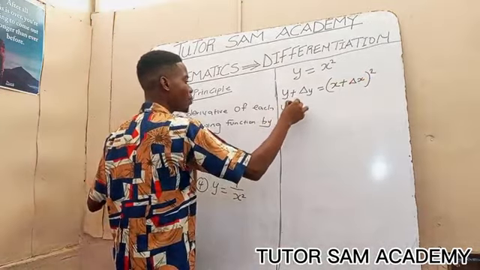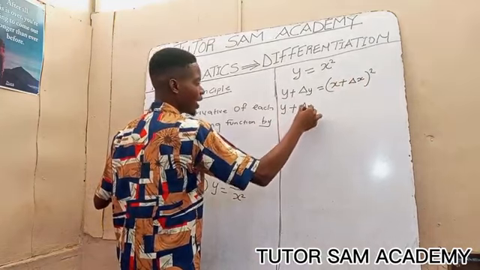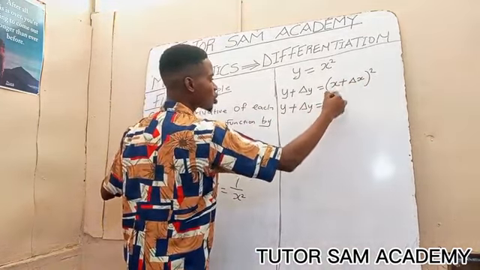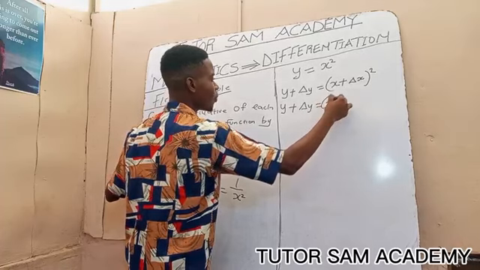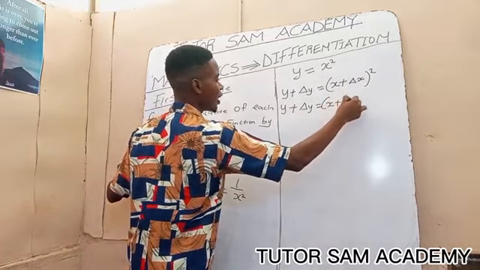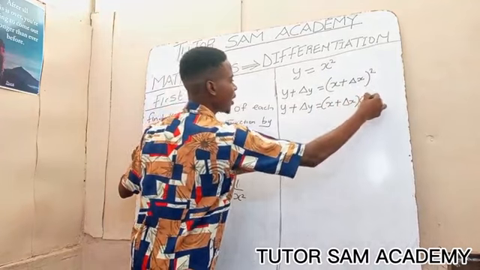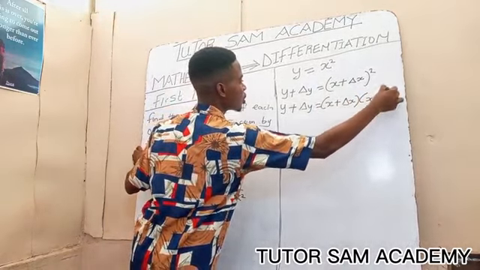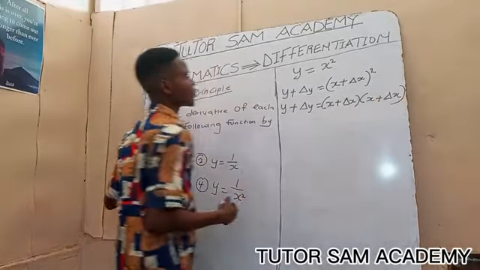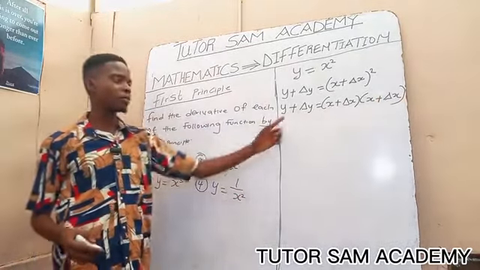So let's continue. Here I'll have y plus change in y equal to, this square means twice of it, x plus change in x multiplied by x plus change in x. So we can expand from here.